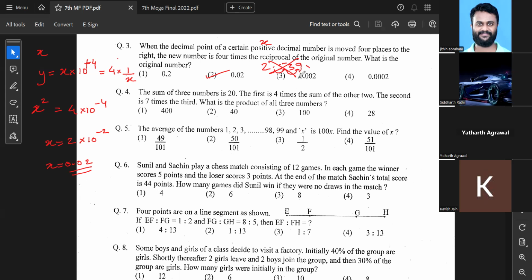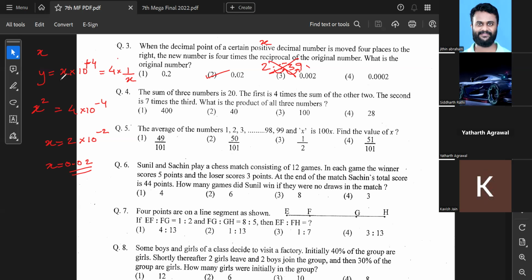You move by 2, you multiply it by 10 raised to 2. You move by 4, you multiply it by 10 raised to 4. So in short, you have multiplied the original number by 10 raised to 4 in order to get a new number. But in the second line, they're saying the new number is also equal to 4 times the reciprocal of the original number. So the new number y is also equal to 4 multiplied by 1 upon x.